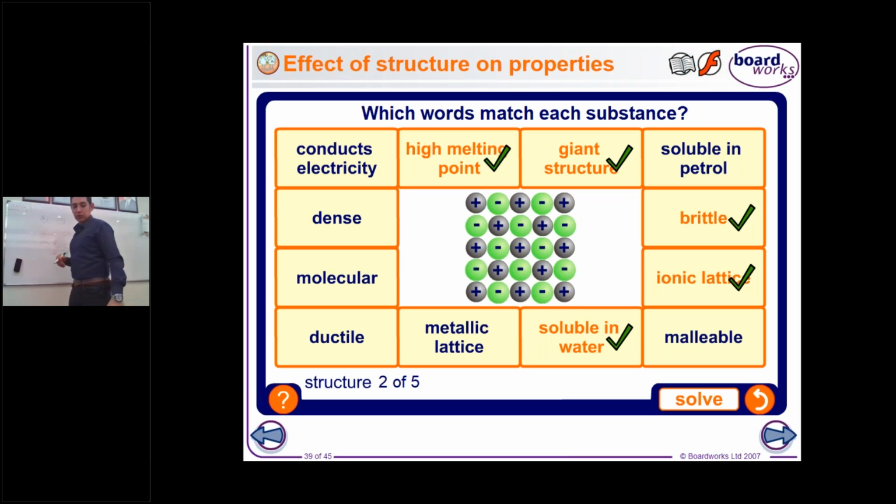But what about the aqueous state? Why do aqueous ionic compounds conduct electricity? Aqueous ionic compounds means when they dissolve inside the water. Let's say you have sodium plus and chloride ions.